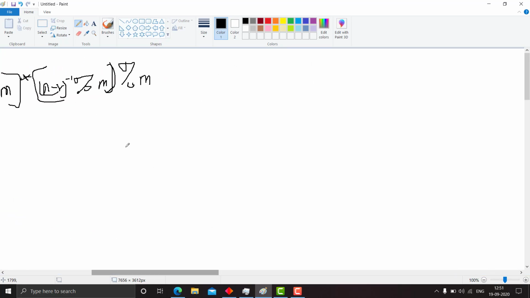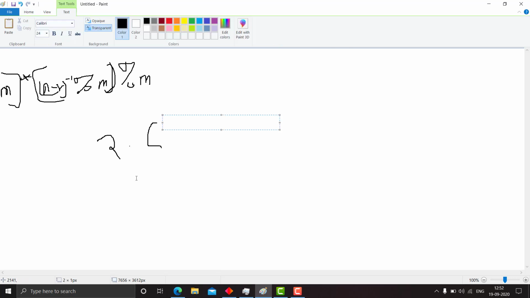The second approach is using the extended Euclidean algorithm. We take ax plus my is equal to 1.